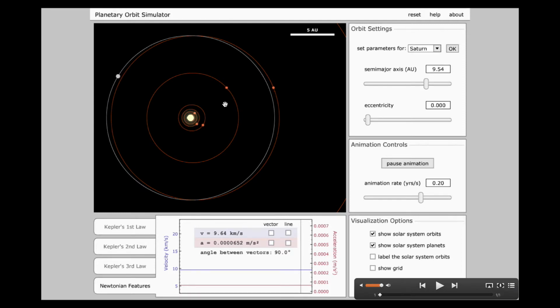So, take a look at Mercury, Venus, Earth, Mars, Jupiter, and Saturn, and decide which of these planets has the greatest speed, and which has the greatest orbital radius. And if you have a combination of things like a small orbital radius and a high speed, like Mercury, then you're going to have a very large centripetal acceleration.